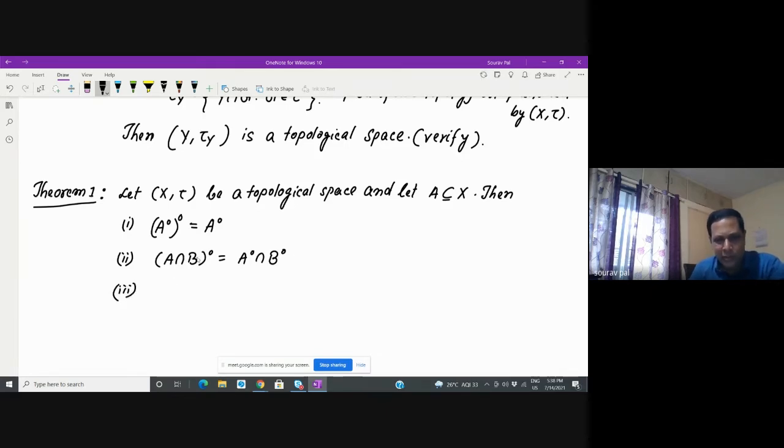Number two is, if you take two sets and take their intersection, the interior is given by the intersection of the interiors. So what happens with union? I'm going to ask you this question. What happens if you take A union B and its interior? Is it A interior union B interior? You just verify this.